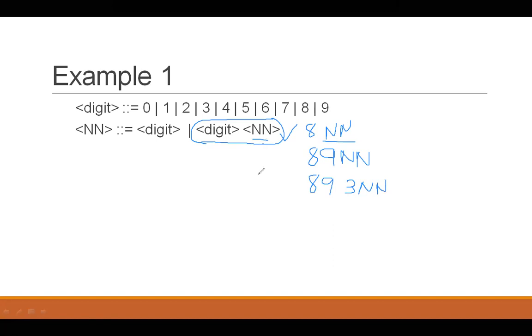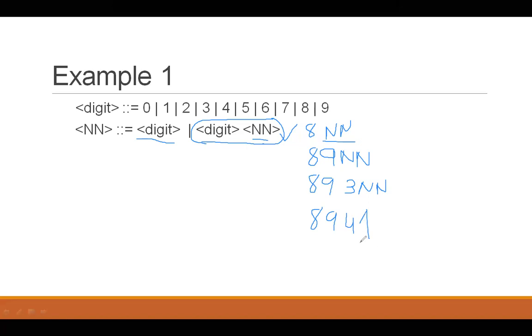This is called the recursive case. But this time I'm going to pick the first part of the definition of the natural number, that a natural number is defined as a digit. What I'm going to see now is that if I replace this natural number with a digit, it is going to be this.